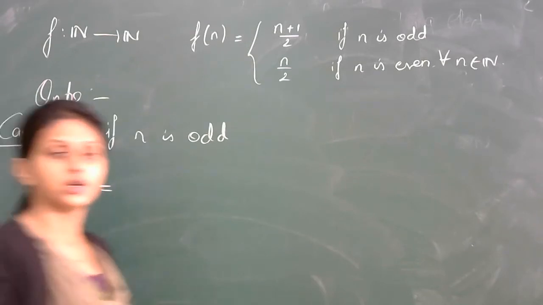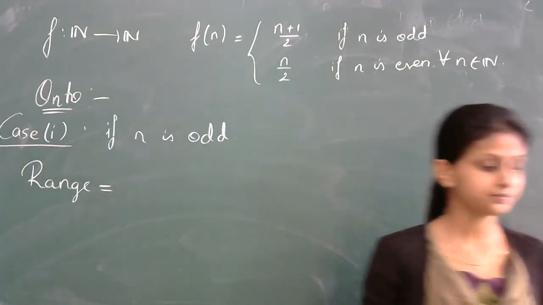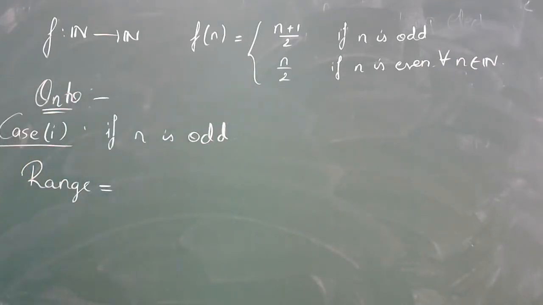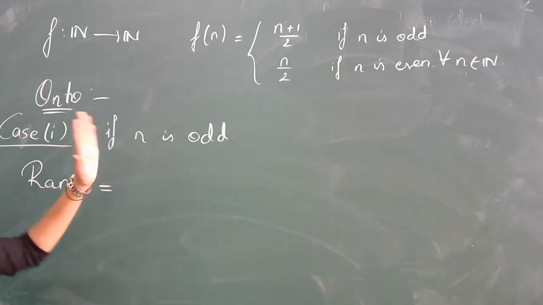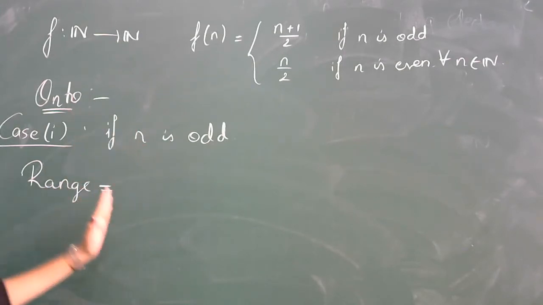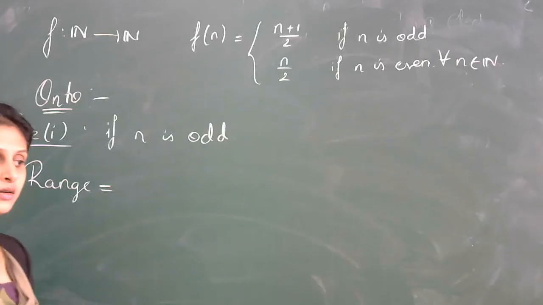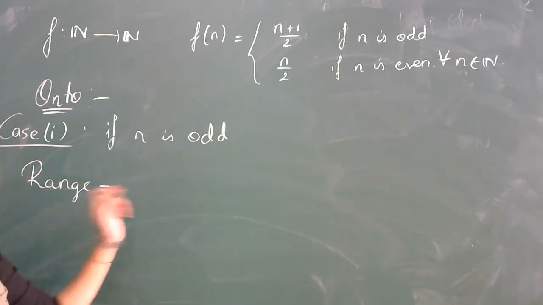If n is odd, can you tell what is the range, students? You need to check every n. Now n starts from the natural numbers, so it starts from 1. Take all the odd numbers one by one and see what range you are getting, meaning what images you are getting. So the range will be the collection of all images.